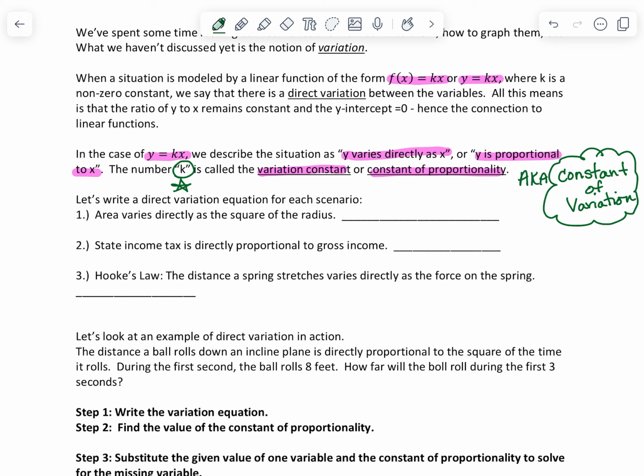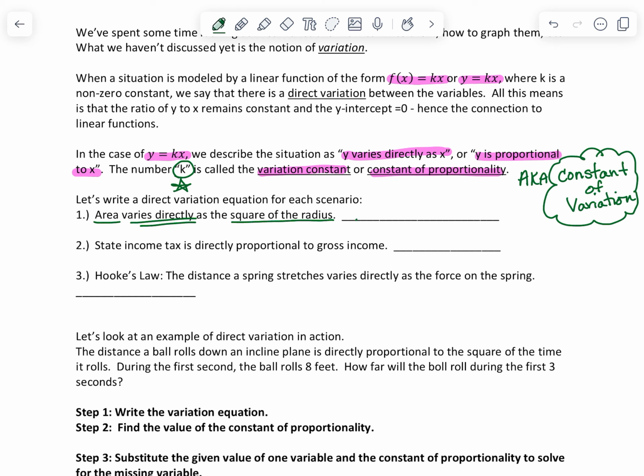So let's see if we can write some direct variation equations for each of these scenarios. Remember, it's always going to be in the structure y equals kx, where y and x are the variables that we are showing the relationship between. So, for example, in number 1, it says area varies directly as the square of the radius.